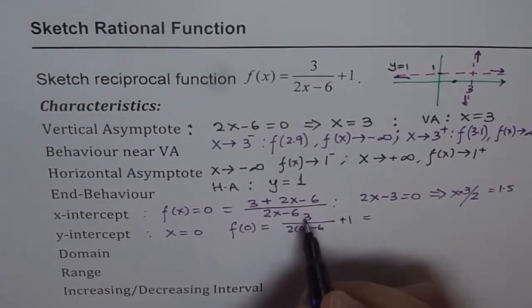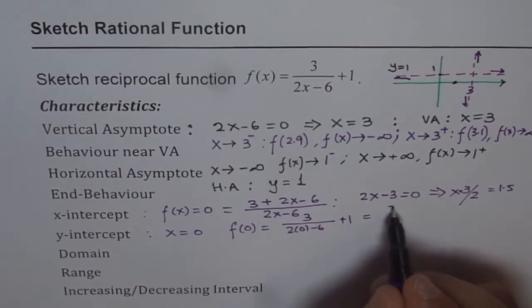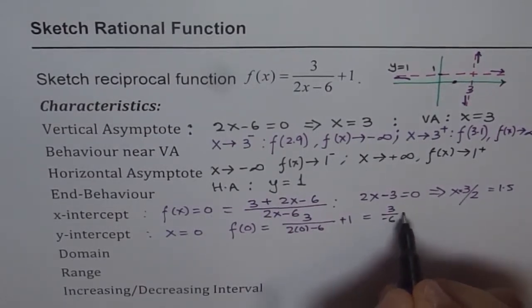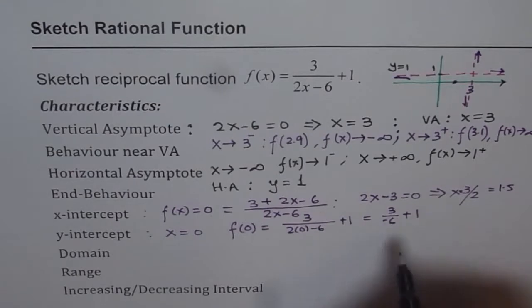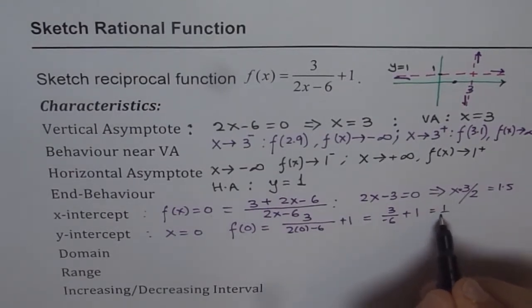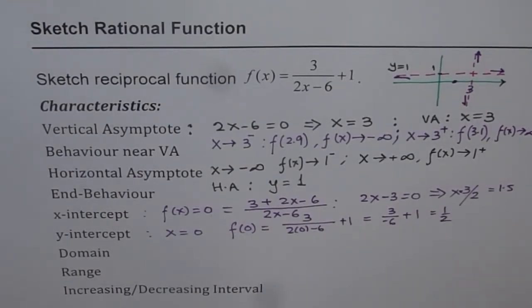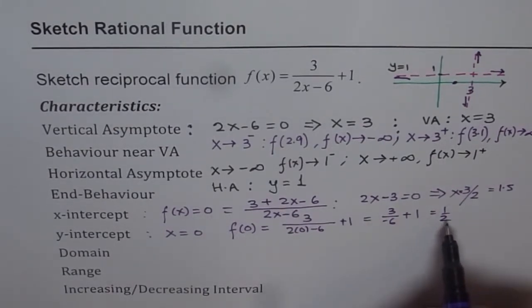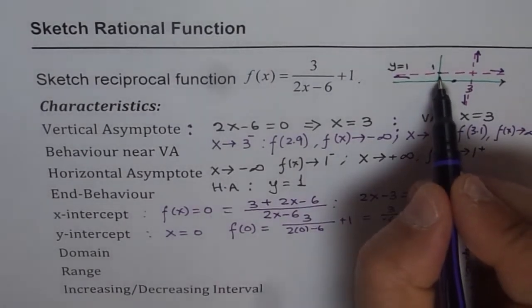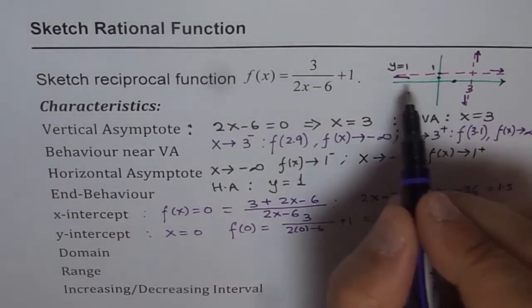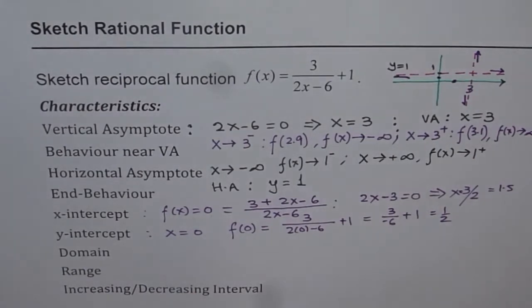That is 3 divided by minus 6, which is minus half. So minus half plus 1 gives us half. So the value of the function is somewhere here, the middle of 0 and 1. So that is our y-intercept, right?